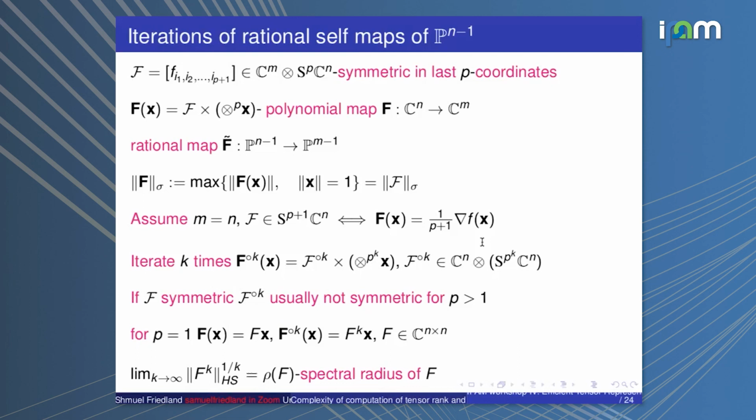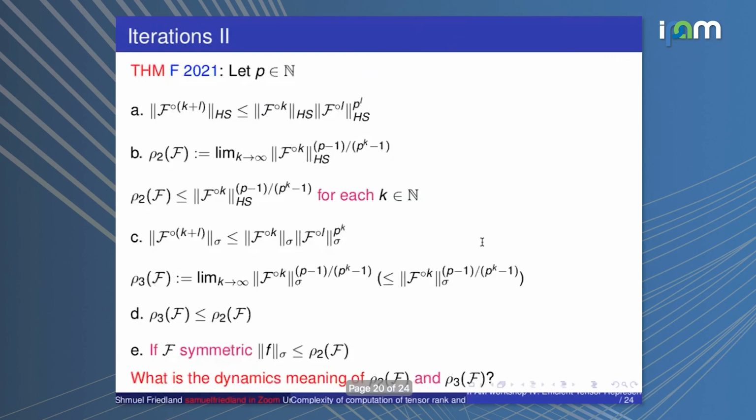So then you can define rho 2 of f, which is some limit of the Hilbert-Schmidt norm of f_k, and you can also define rho 3 of f, the Hilbert-Schmidt norm, but of something else. And you have some estimates. The question is, what are the dynamical meanings of rho 2 and rho 3 of f?